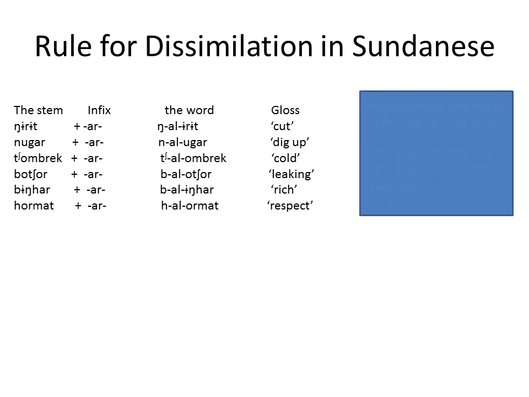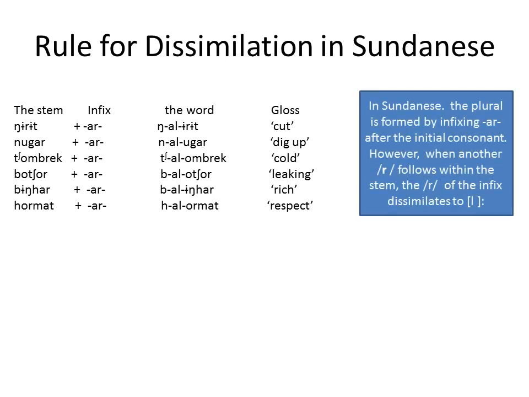Rule for dissimilation in Sundanese. In Sundanese, the plural is formed by infixing R after the initial consonant. However, when another R follows within the stem, the R of the infix dissimilates to L. Look, for example, nirit plus R, the result is nalirit.